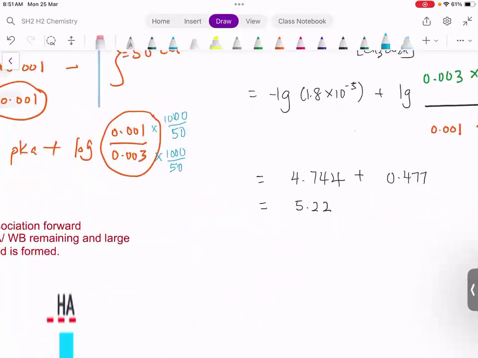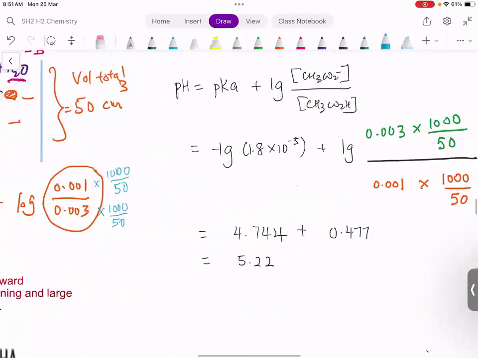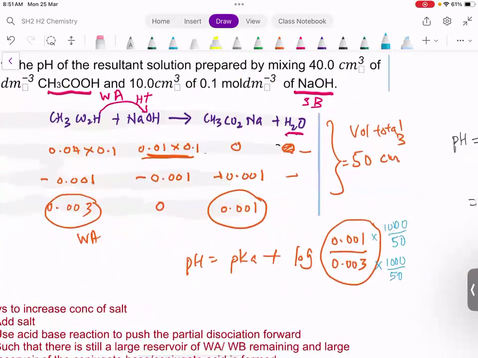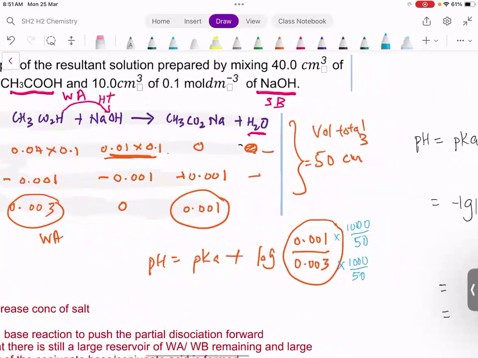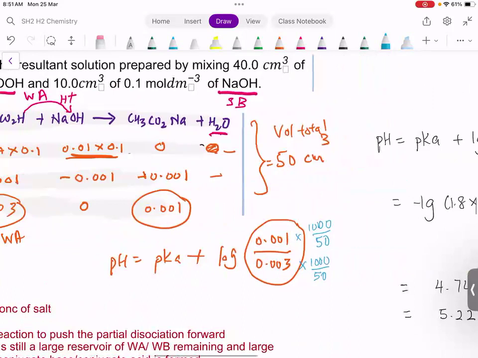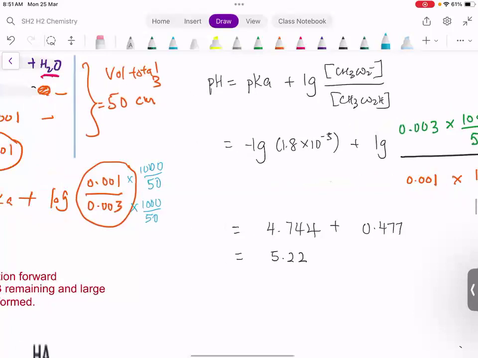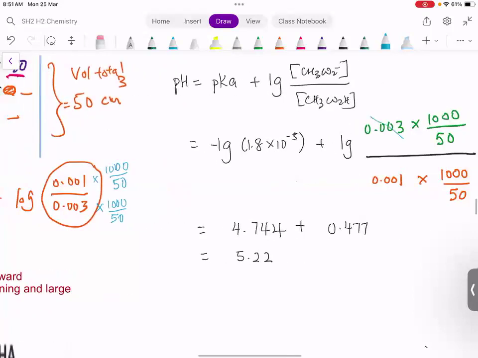Do you have 5.22? Wrong? 4.74. Why? Oh, I put it wrongly here. Okay, so what's the answer? 4.27. Do you have 4.27?